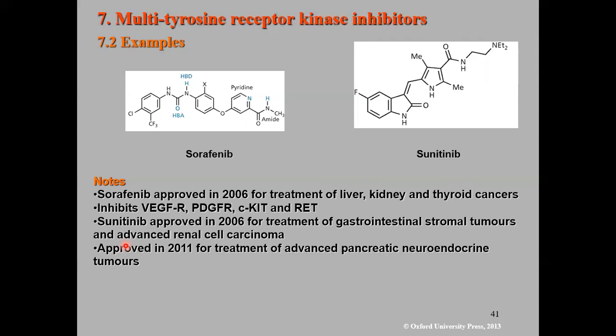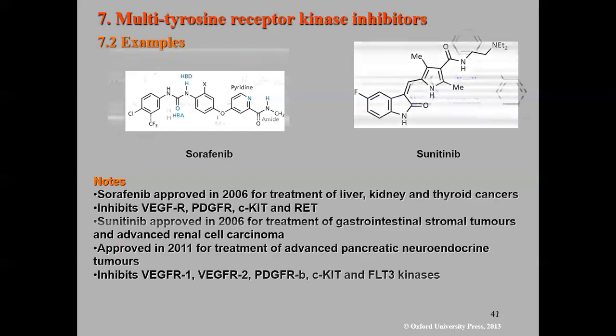So gastrointestinal stromal tumors, advanced renal cell carcinoma, and advanced pancreatic neuroendocrine tumors. Different kinds of tumors. Sunitinib inhibits VEGFR1, VEGFR2, PDGFR-B, c-KIT, and FLT3 kinases. Different types, different kinds of kinases.